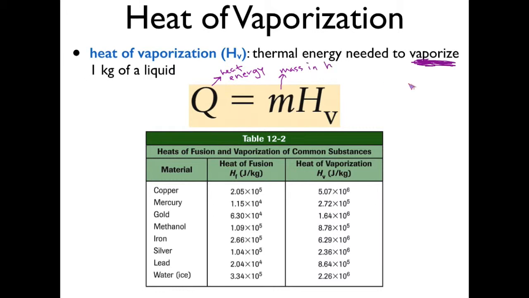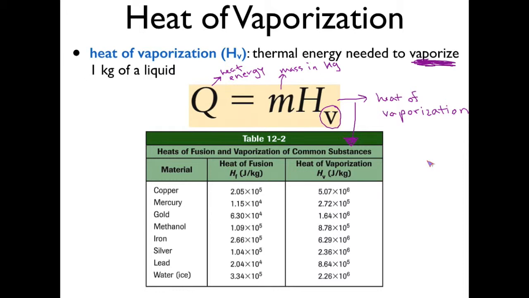And your HV is your heat of vaporization. This is exactly the same as the other formula, except you have a V here instead of an F. And so then you're going to use the HV part in the table and not the HF part.